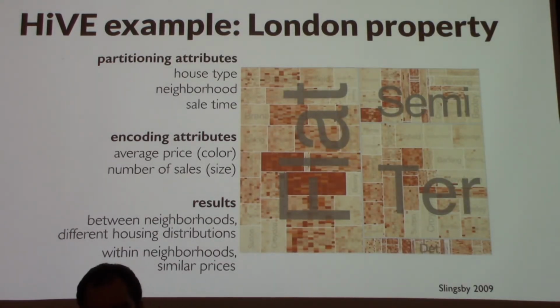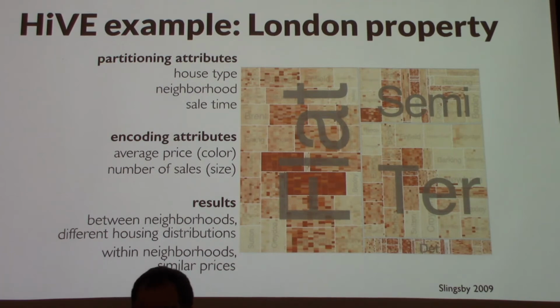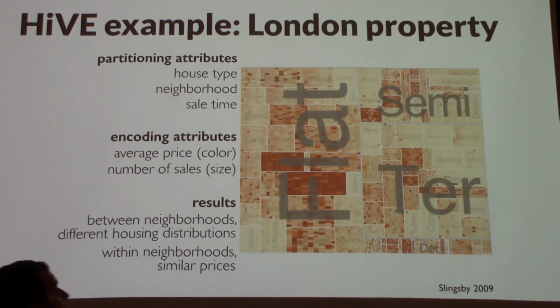You have London properties, so this is just a table of properties in London that are for sale. On the top level you have the partitioning attributes, and these are dynamically defined. House type: the top level division is whether it is a flat, a semi-detached house, or a terrace house.